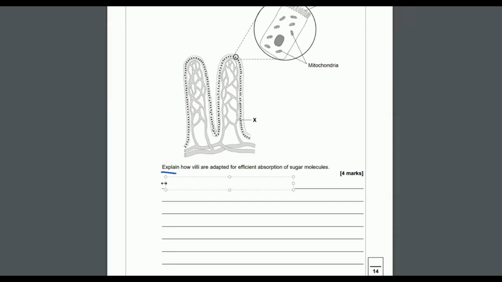So anywhere we're going to absorb stuff in our body has to have three main descriptions: they have to have a large surface area, a good blood supply, and thin walls. This applies to the lungs, to the small intestines, and to the gills of a fish. All of these things have those three descriptions.